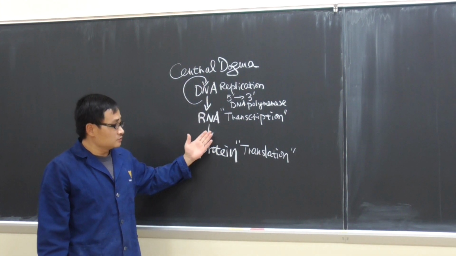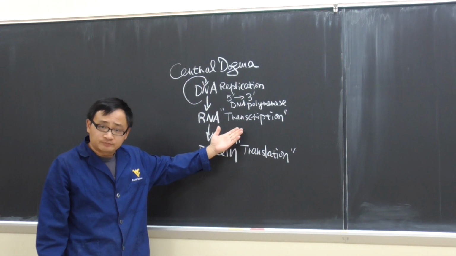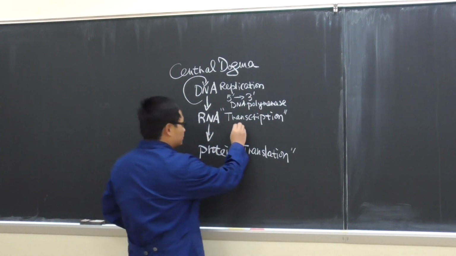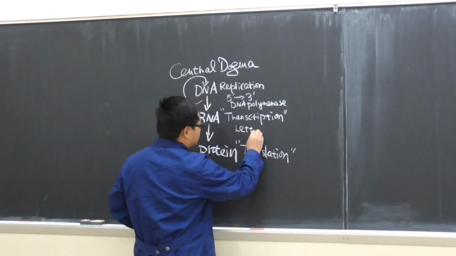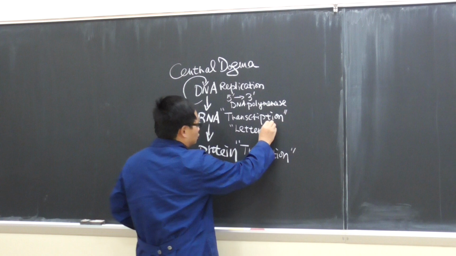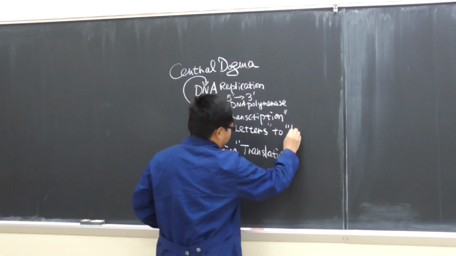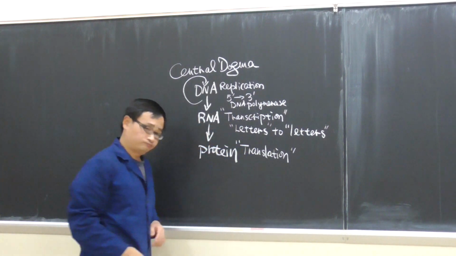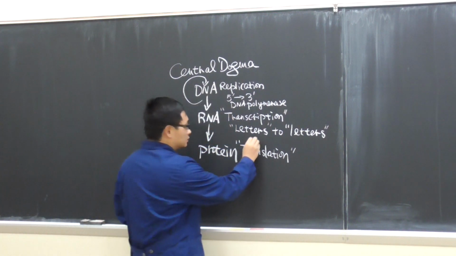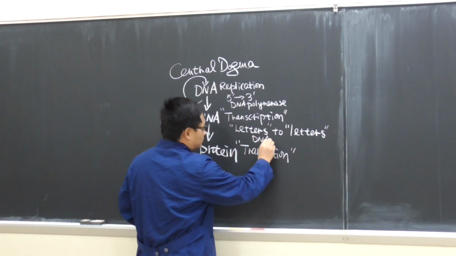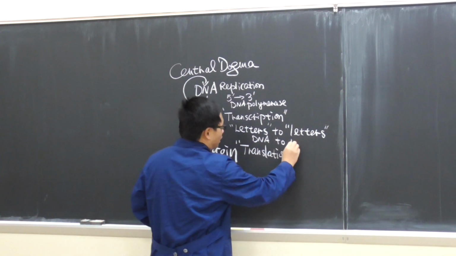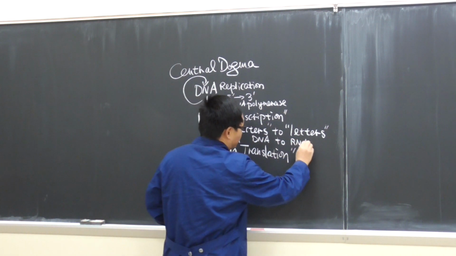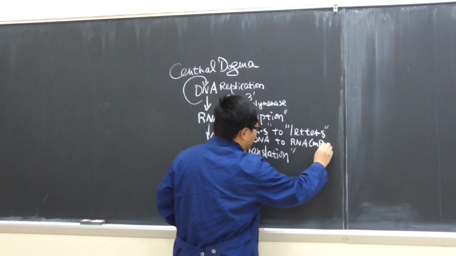So first of all, what is transcription? You know that this is letters to letters. So what are they? It's a code of DNA to RNA. And most of the time we talk about mRNA.